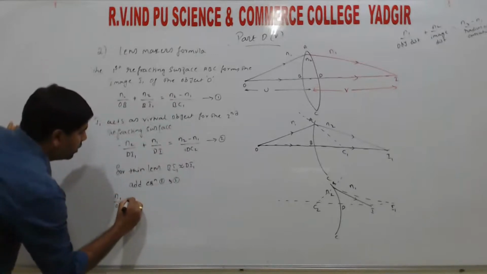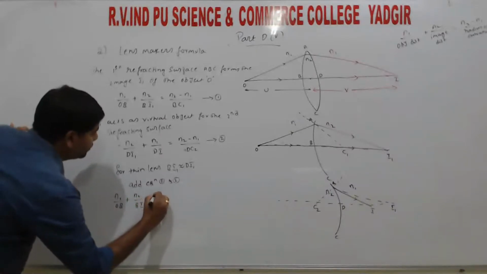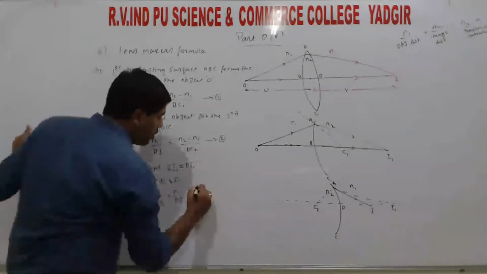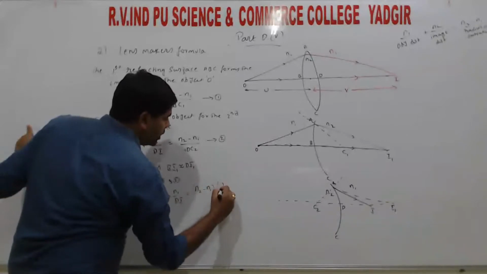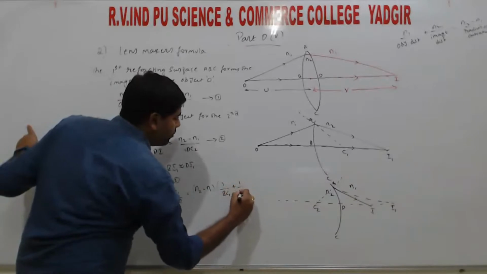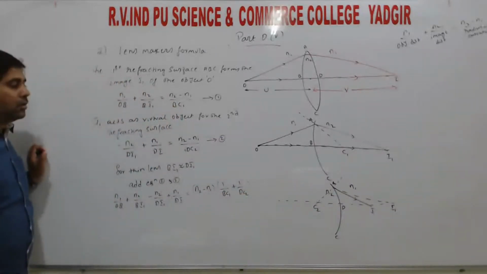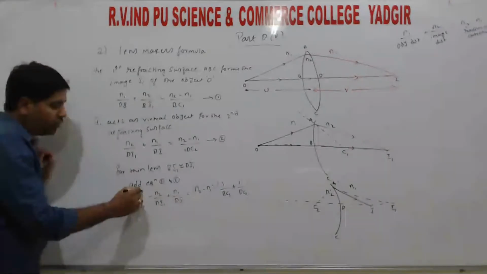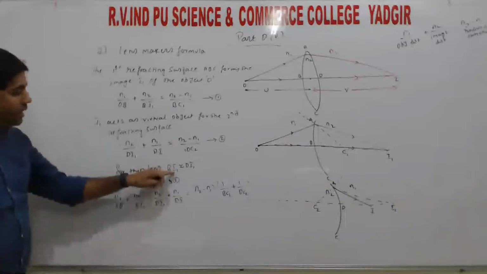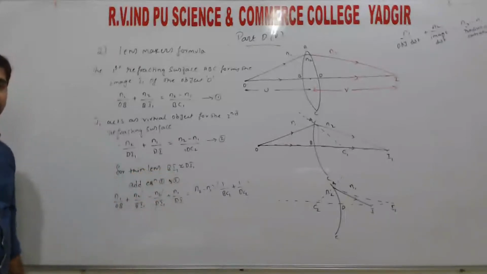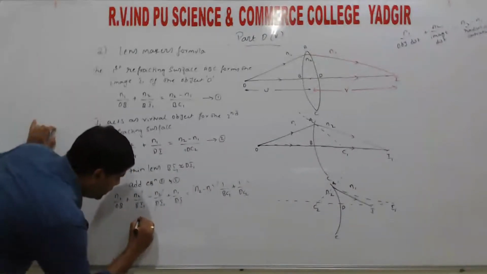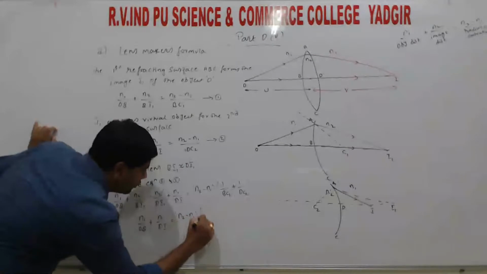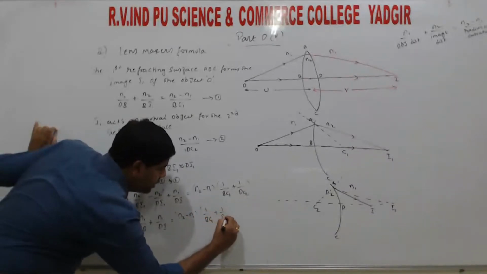So n1 by OB plus n2 by BI1 minus n2 by DI1 plus n1 by DI, that is equals to the common term n2 minus n1, remaining 1 by BC1 plus 1 by DC2, right? Since BI1 is approximately equal to DI1, n2 by BI1 and n2 by DI1 cancel. Do not write another extra step here, as you have already written it; changing and cancelling again only increases the steps. So the final relation we get is n1 by OB plus n1 by DI equals n2 minus n1 into 1 by BC1 plus 1 by BC2, right?